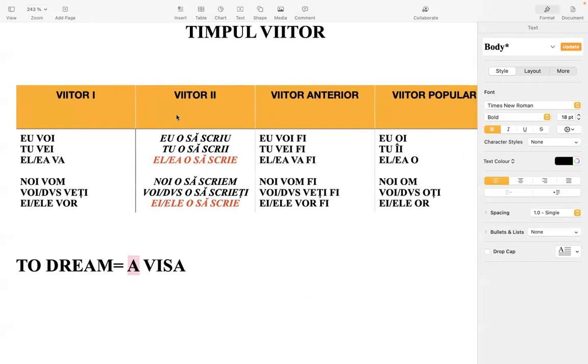For the second part, viitor 2, we will have also the same thing, which remains the same. So our verb in the first future remains the same, only the "will" part, the future part, may differ because of the persons. Like in the English language, it will say "will" for each person, but in Romanian it's a little bit modified.